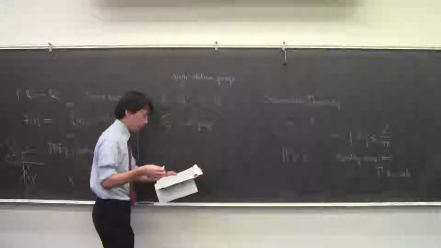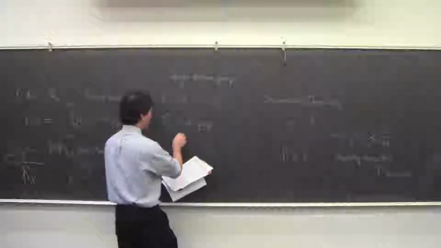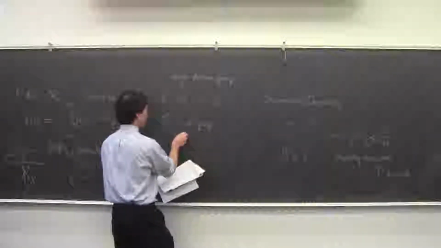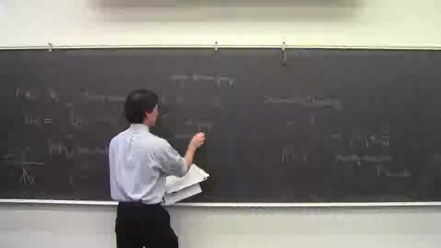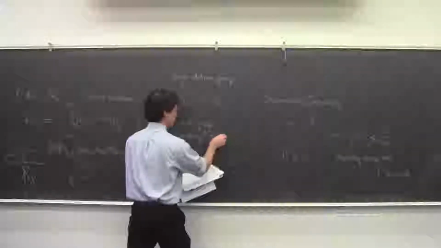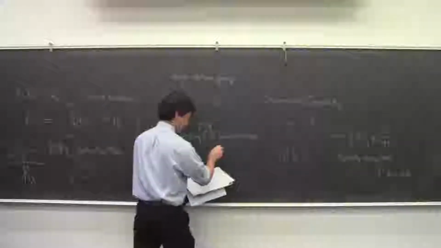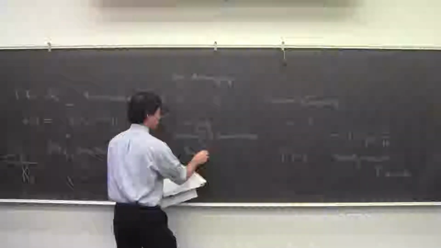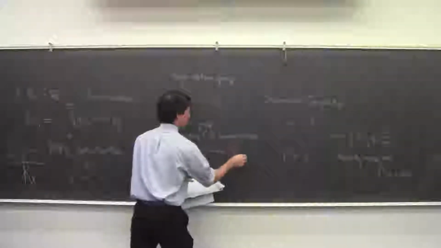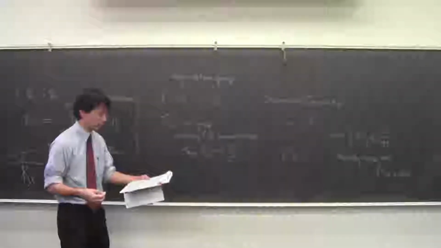So this is for people who've seen these terms before. The dual group consists of all homomorphisms from G to the circle group.